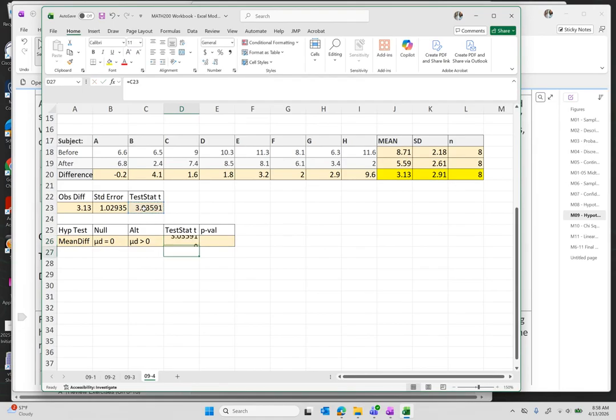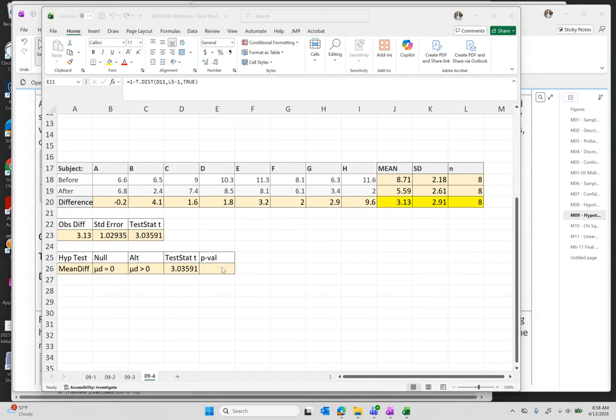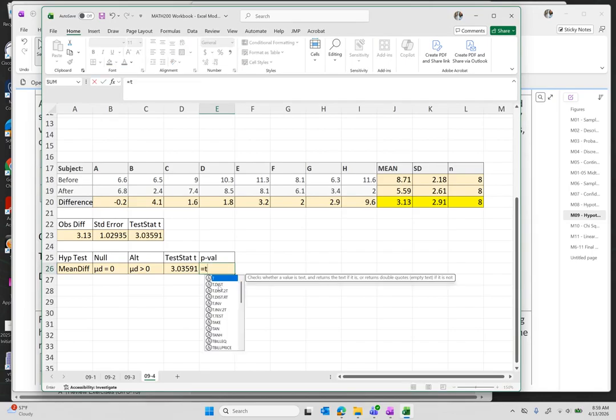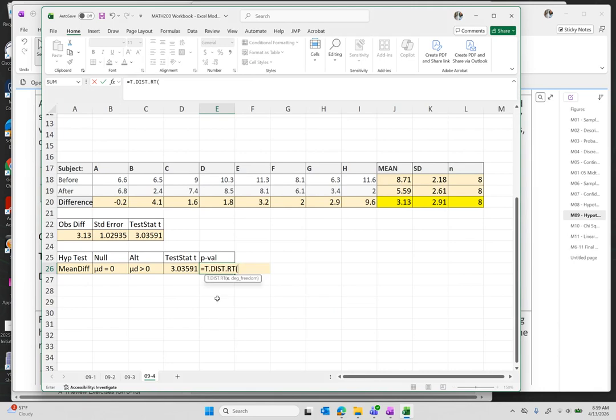This is my test statistic, and my p-value will be, if I use the t-distribution, I can do a right tail, which returns the right tail Student's t-distribution, which is what I want. If I was doing just the t-distribution, I would have to subtract from 1, which is 100%, because the t-distribution will give me the left tail. But there is an option for a right tail, so let me select that.